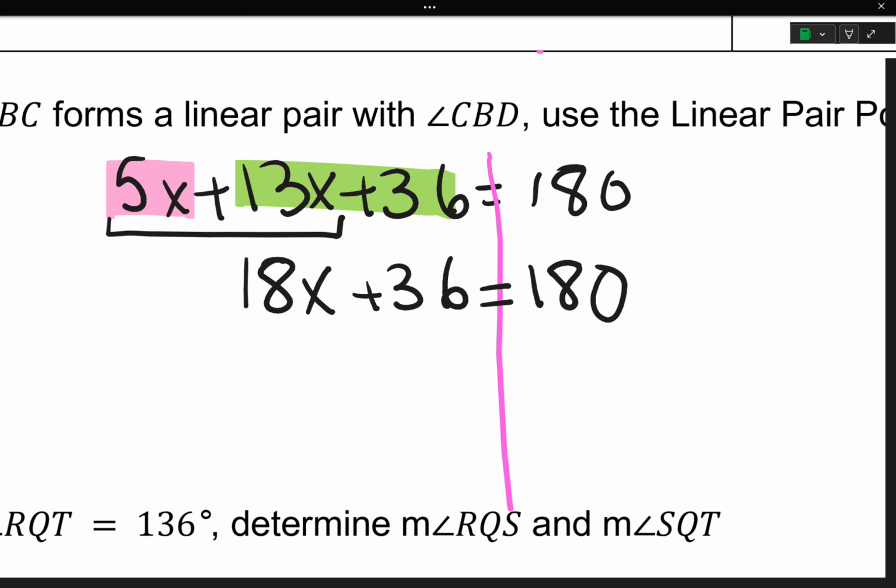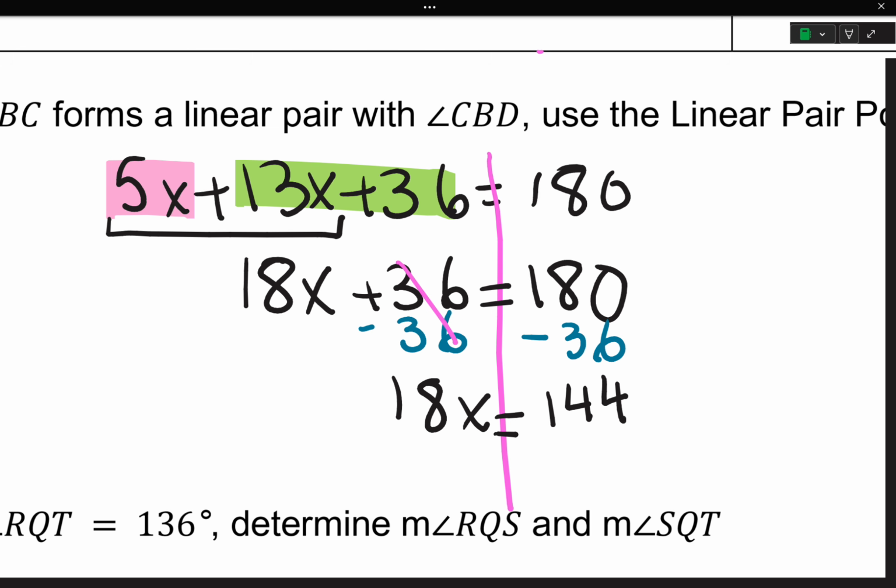Alright. Now that we've combined all possible like terms on the same side, let's work on getting x by itself. The first thing that we have to do is subtract 36 in order to undo the plus 36. On the left side, we have 18x equals. On the right, 180 minus 36 is 144.